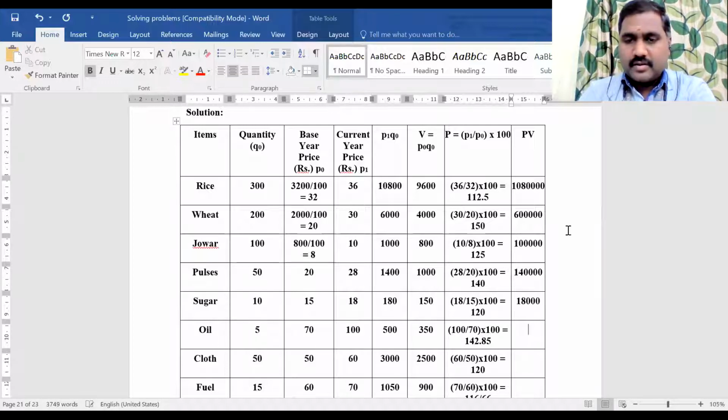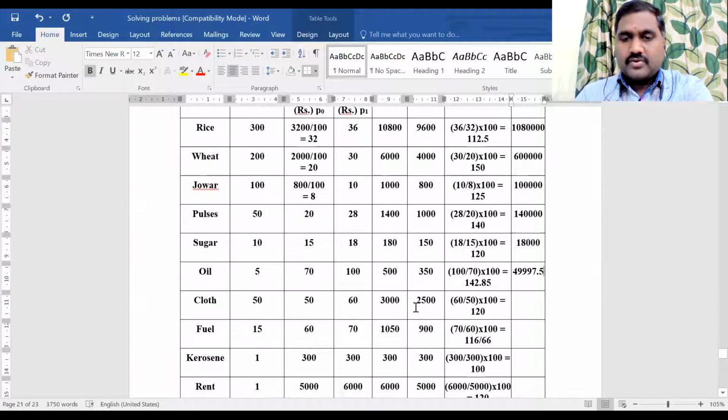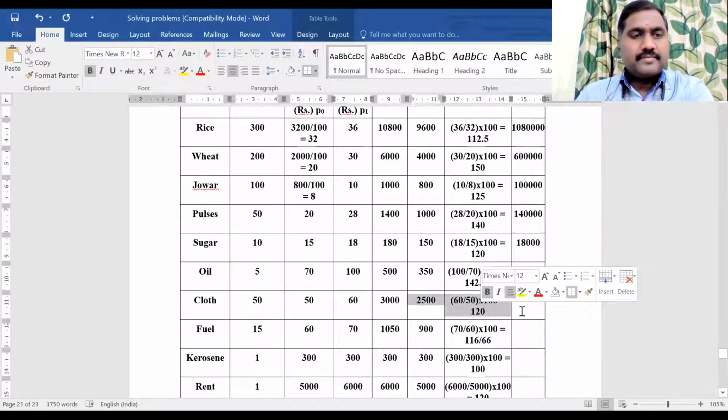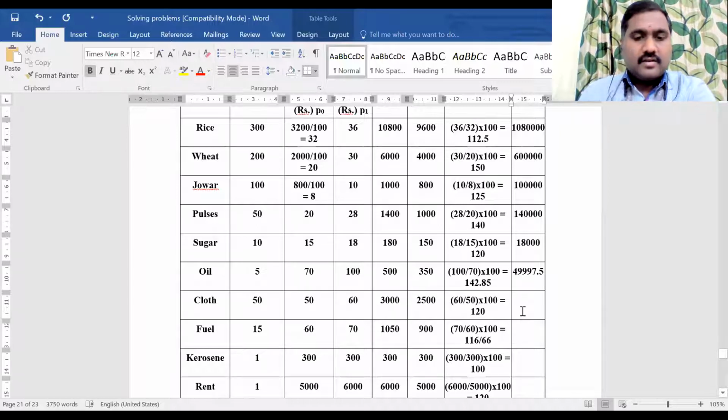Very good. 350 into 142.85, 49,997.5. Good. And 2,500 into 120, 3 lakhs. Very good.